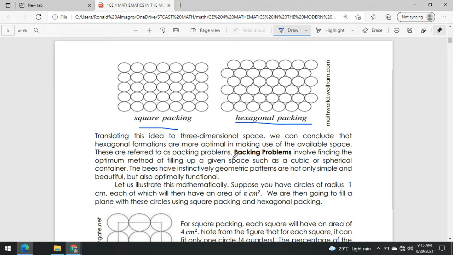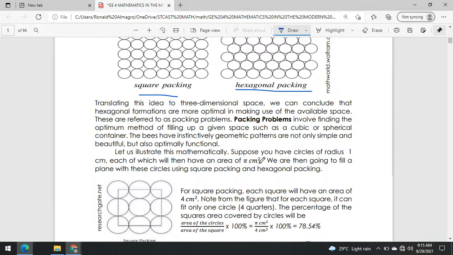These are referred to as packing problems. Packing problems involve finding the optimum method of filling up a given space, such as a cubic or spherical container. So instinctively, geometric patterns are not only simple and beautiful but also optimal in function.